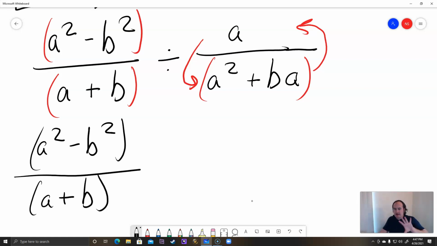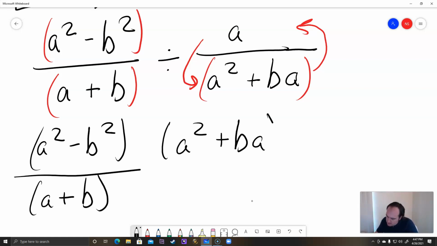But now the second fraction is going to be upside down, so we're going to have a squared plus ba all over a for our second fraction. And now we're multiplying. When you multiply straight across, that means you combine these two as a single fraction, and you just go ahead and multiply straight across.